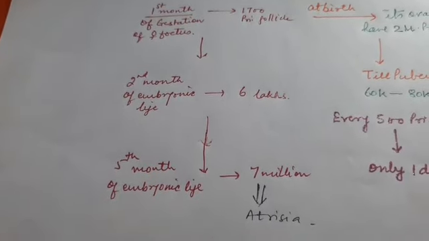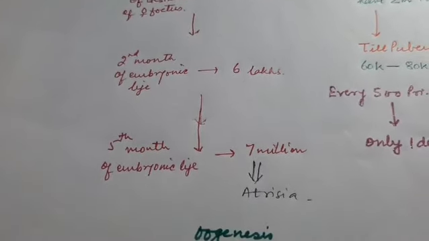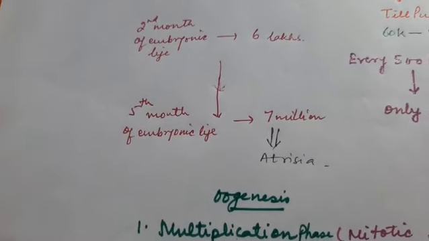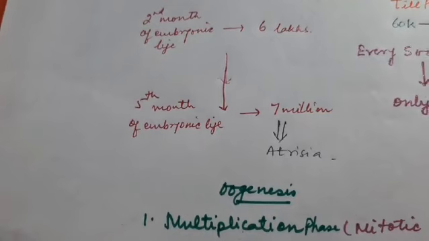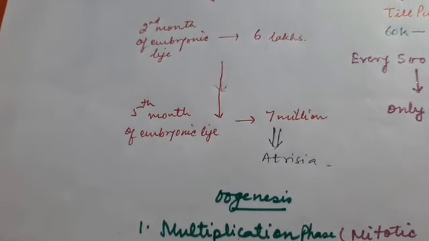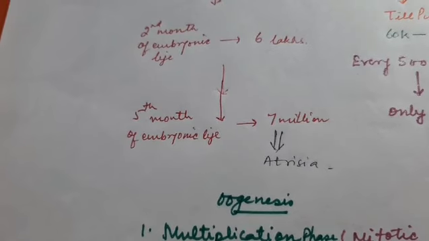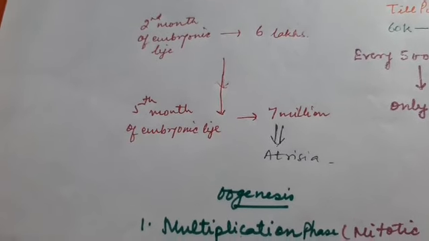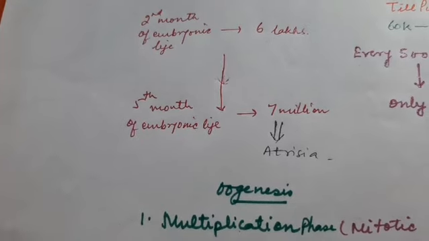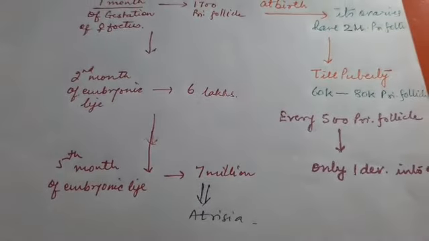After the 5th month, those primary follicles undergo atresia. It means shrinking of follicles. Out of 7 million follicles, most will undergo atresia. At birth, when the female child is born, its ovaries have 2 million primary follicles.